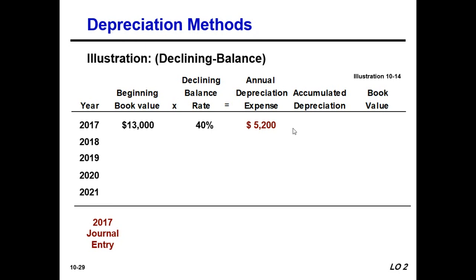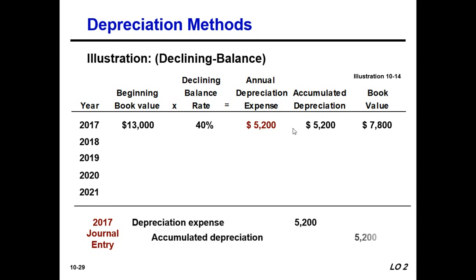Then accumulated depreciation, since it's 1 year, only the same amount. Book value 13,000 minus 5,200 is, is it clear? Okay.